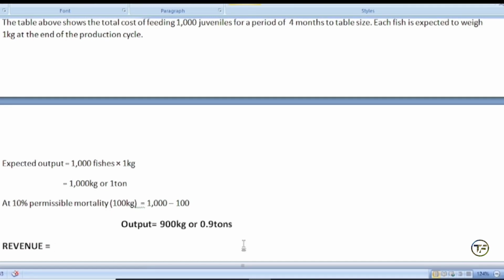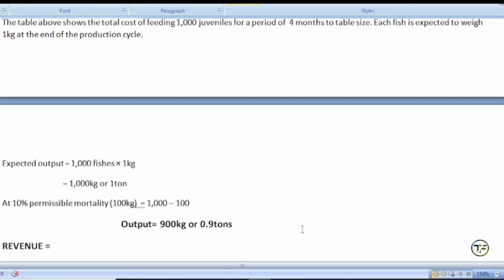So this is what you are expecting at the end of the production cycle. If you are getting 500 kg at the end of the production cycle, then there is something wrong. It's either their feeding regime was tampered with, it's either they were not given quality feed or the right quantity of feed, or they had bad water all through the production cycle, or the disease outbreak was just too overwhelming.